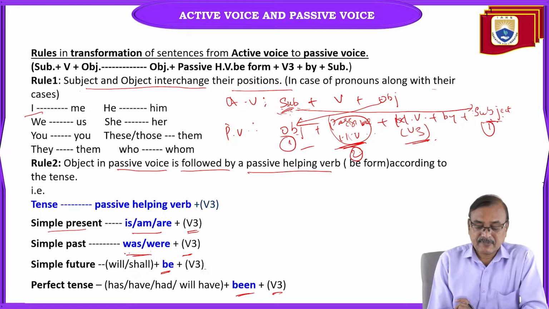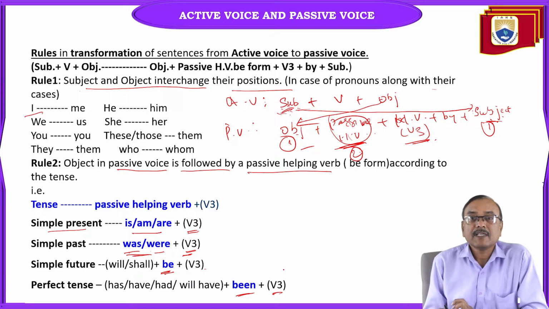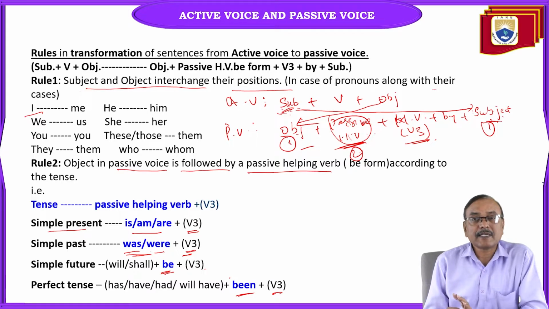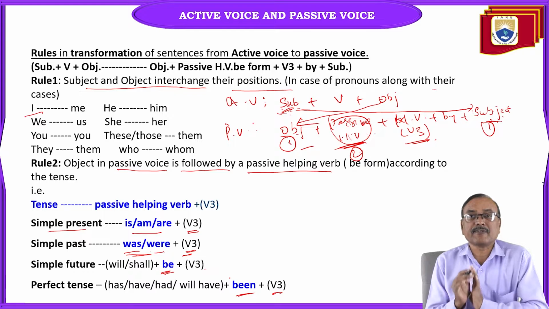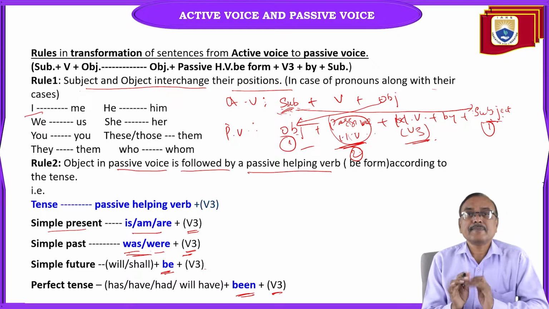If it is past tense, "was" or "were" plus V3. If it is future tense, after "will" or "shall", just use "be" before V3. If it is perfect tense, whether present perfect, past perfect or future perfect, before the V3 form use "been" in passive voice.